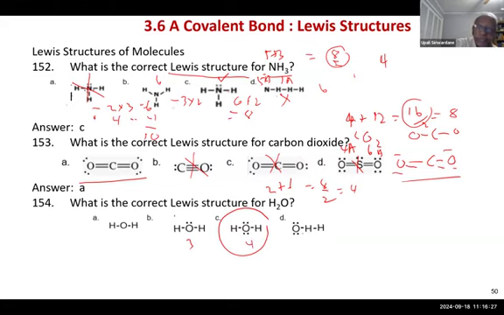This has 1, 2, 4 plus 6 plus, but that connectivity is wrong. This one has fewer electron pairs than 8. Therefore, the correct answer is this one.